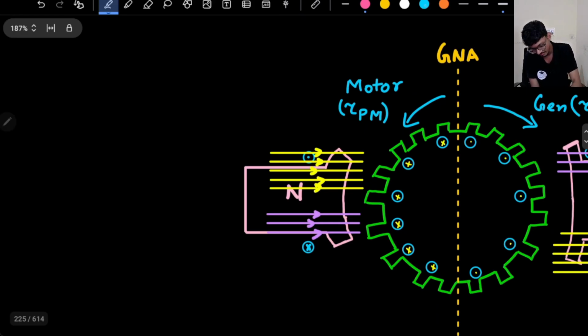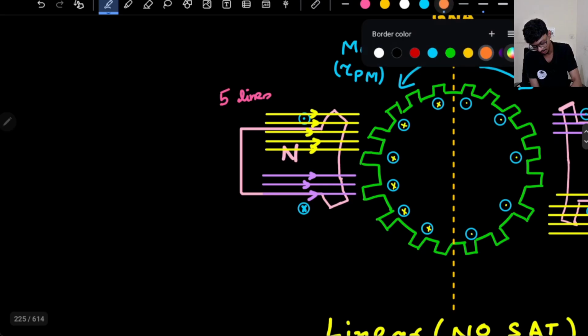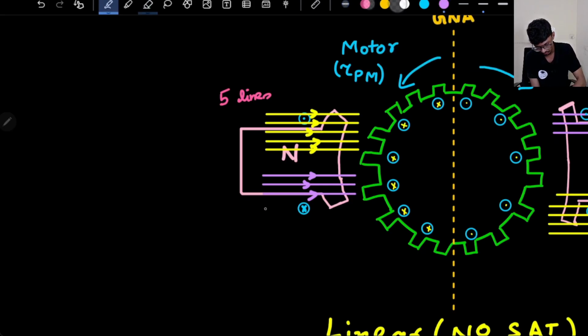So here there are 5 lines in the top, and here there are 3 lines in the bottom.